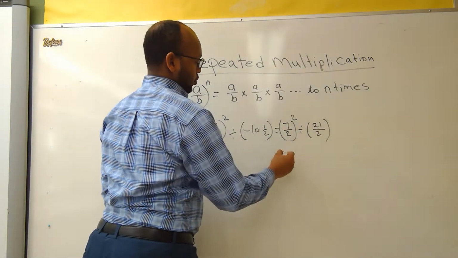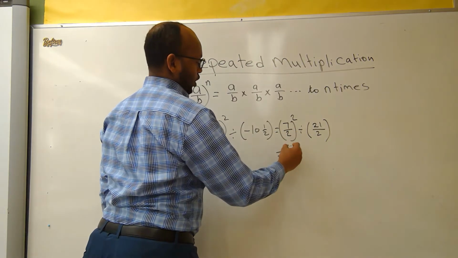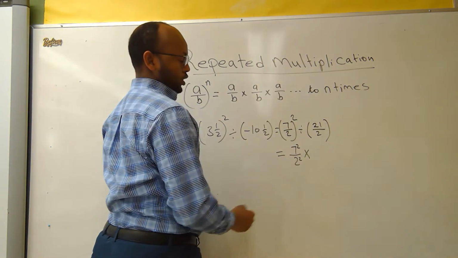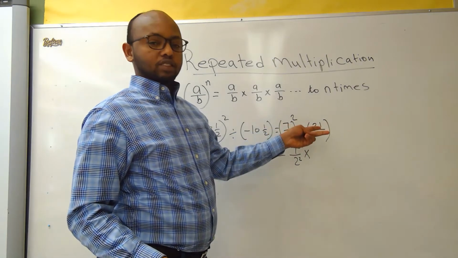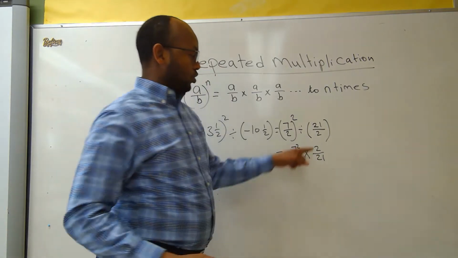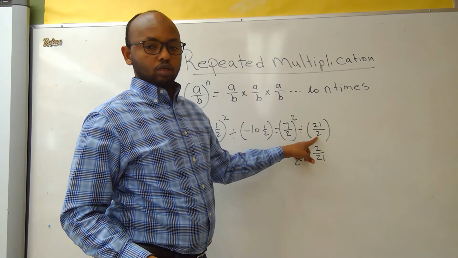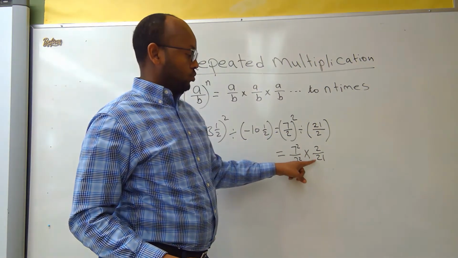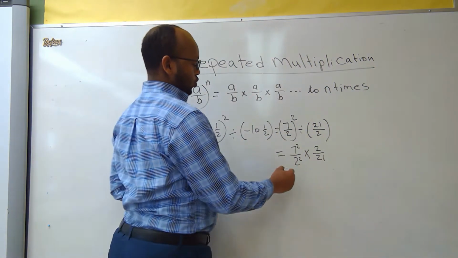The next step is 7 squared over 2 squared, and the division changes to multiplication. Then we flip the second fraction, so the bottom, which is the denominator, changes to numerator, and the numerator changes to denominator. Okay, 7 squared is what?